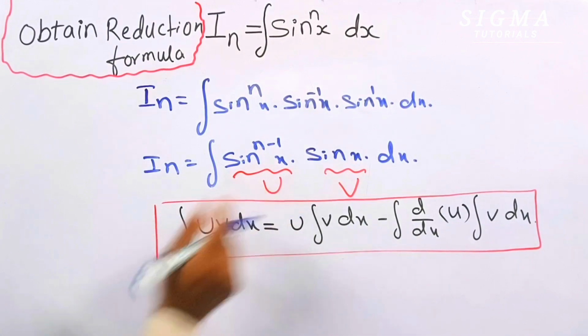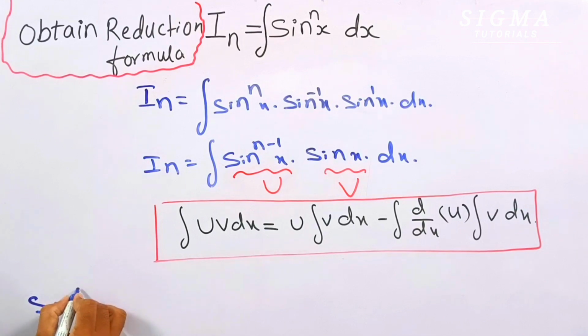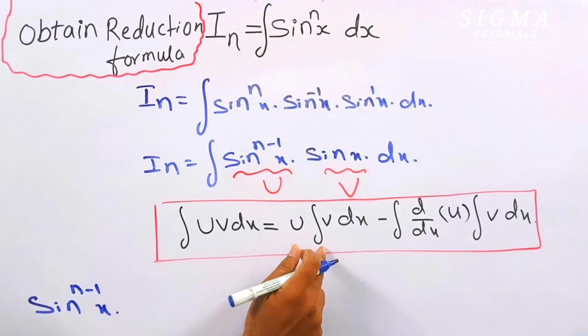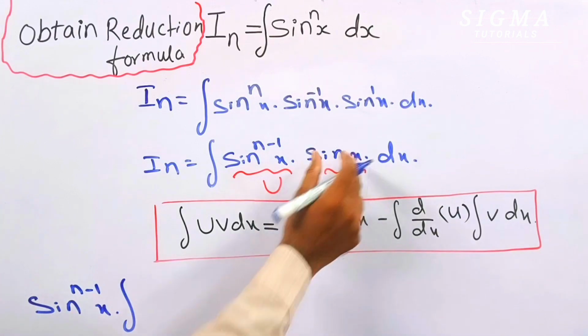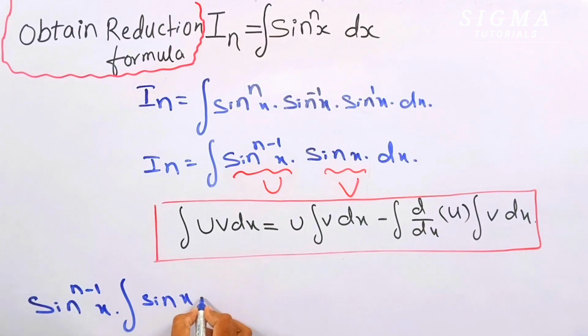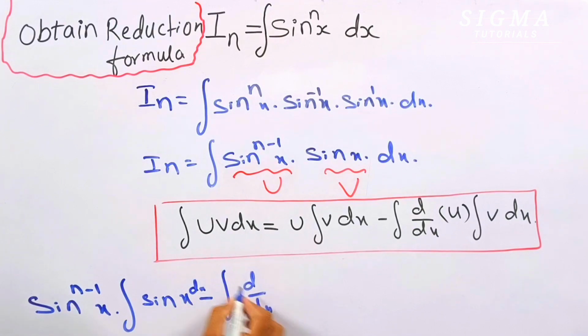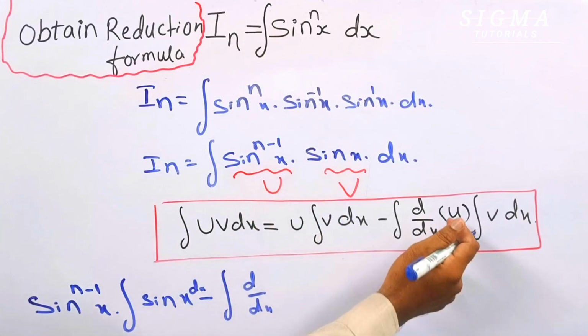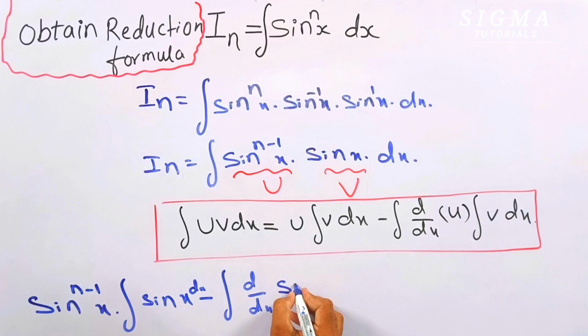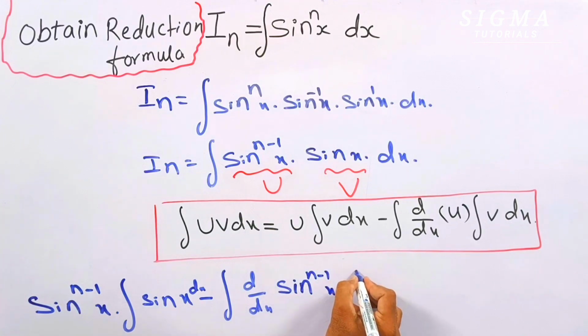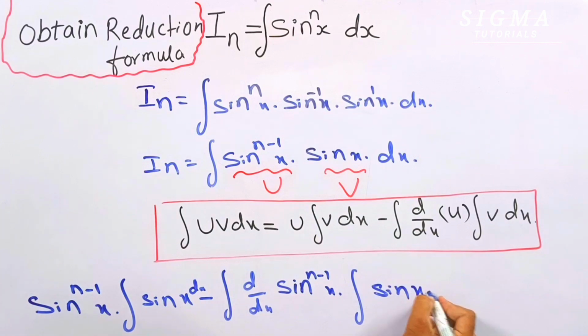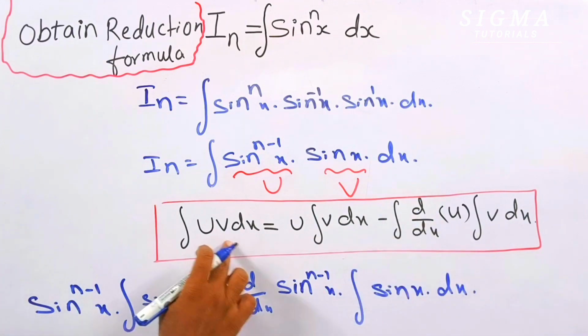So u means here sine power n minus 1 x, then integration of v dx. v means here sine x, integration of sine x dx, then minus the integration of d by dx of the first function, that is u. u means here sine power n minus 1 x, again integration of v dx. v means here sine x dx. This is as per the formula.